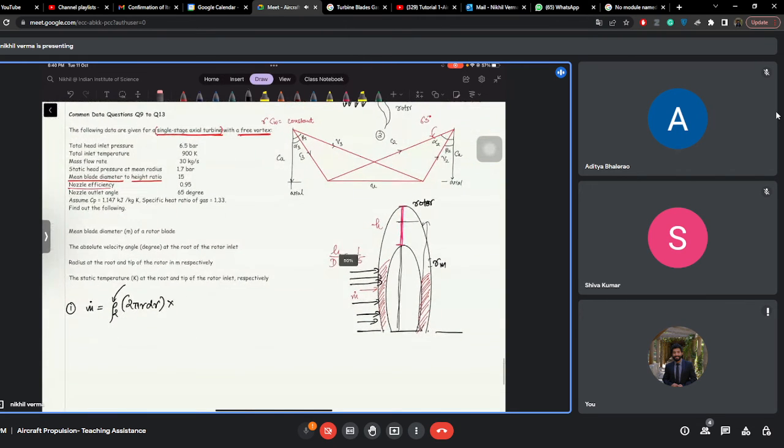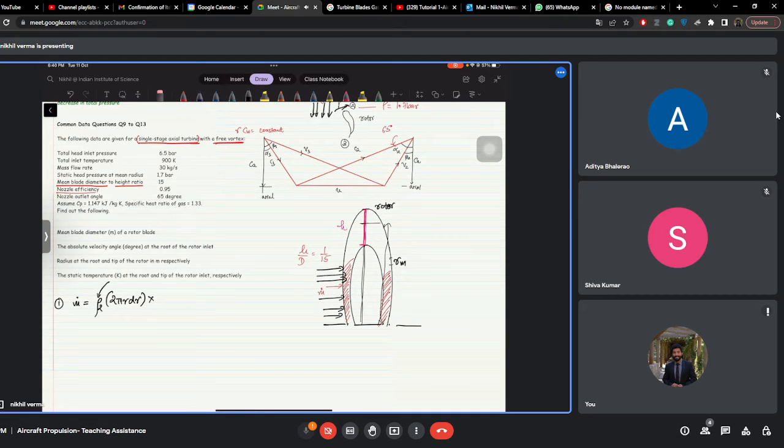So this is your axis, and this is rotating in this direction, say omega. Can you answer me, which velocity are we talking about in this rho A V question? It should be the axial velocity, that is CA. That should be CA, right?